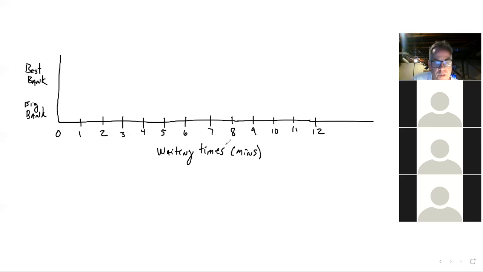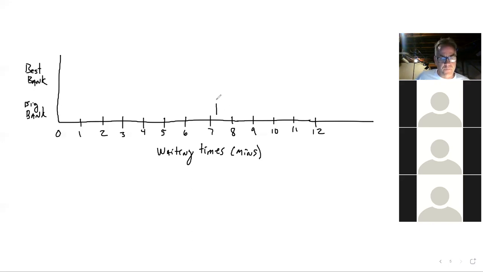Now, so here's 7. 7.2 is the median. I'm going to do Big Bank first. So I'm going to put a line right here. That was 7.2. It doesn't need to be bolded like that. It's my best estimate, visually, of where it looks like 7.2 is.